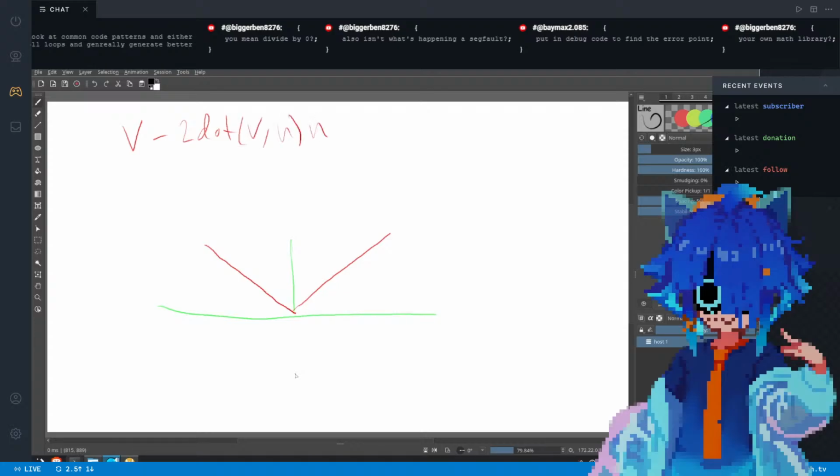So we take our vector, we subtract off 2 times the dot product of v with the normal vector and multiply by the normal vector. And that should give us the reflection along the normal vector. If you don't believe me, go check the math video from earlier. There's a whole video on the channel where we prove that this is the correct formula for reflection.